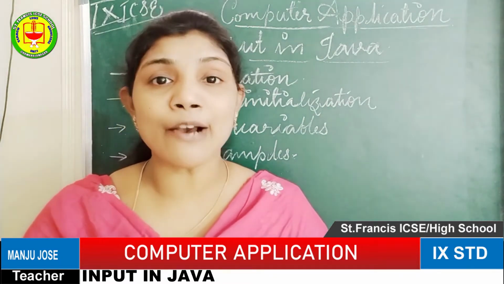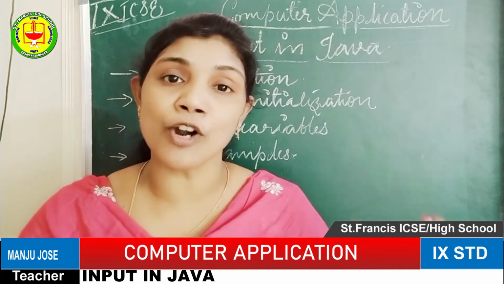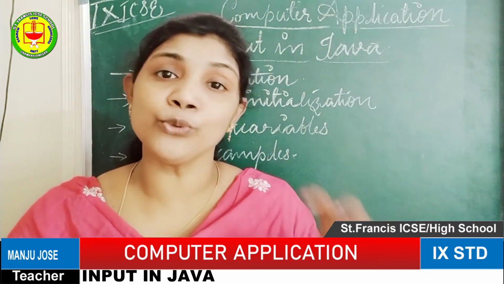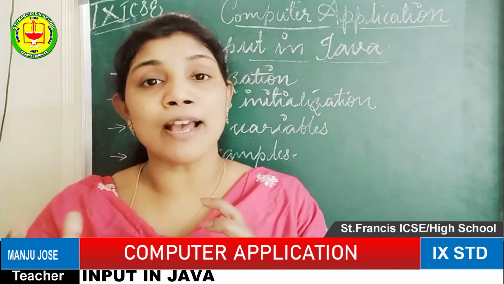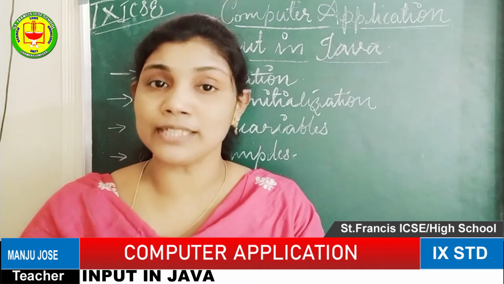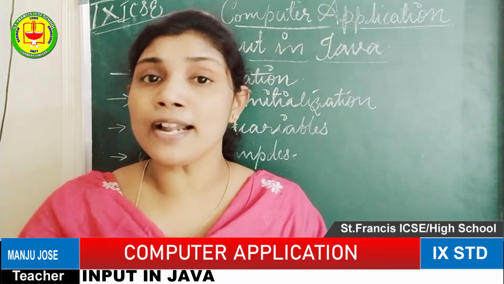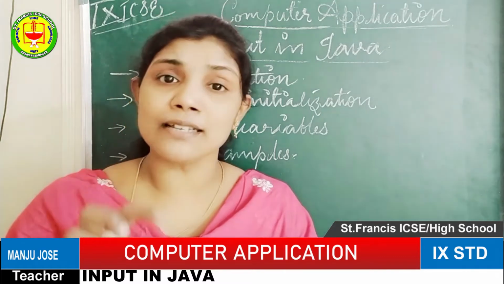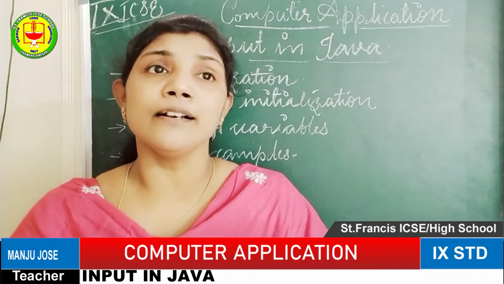So we already have studied how to initialize the variable. How do we do the initialization? Initialization means assigning a value by using the assignment operator, assigning default values by its compatible data types. Compatible data type means the relevant data type.